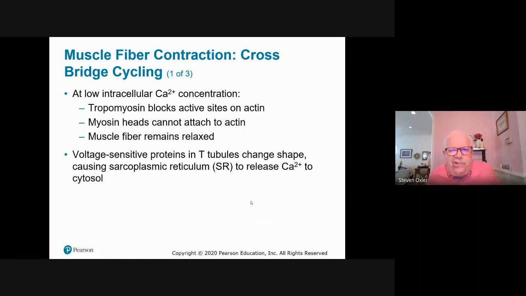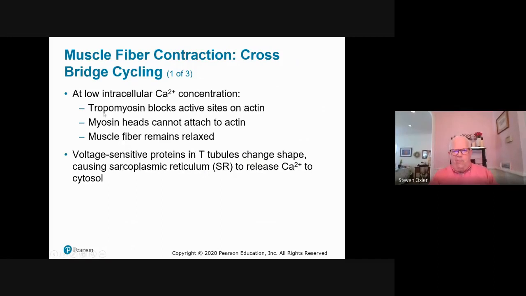What happens if you don't have enough calcium? Well, if your body is low in calcium, that means that you can't form cross bridges. And when you can't form cross bridges is because the regulatory proteins can't move actin to troponin, to myosin.